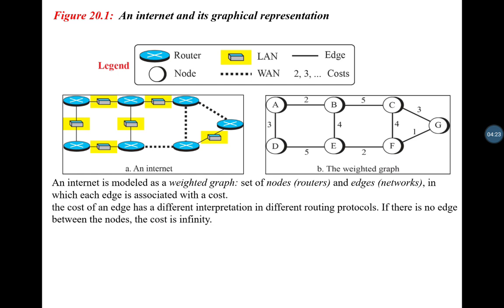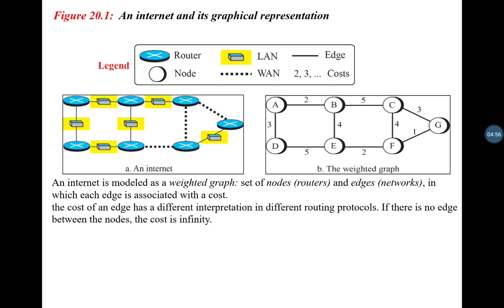If a weighted graph is used to represent a geographical area, then the nodes can be the cities, the edges are the roads connecting the cities and the weights are the distances between the cities. So here A, B, C, D are the different cities, and the weights that we have written are nothing but the distances between the cities.